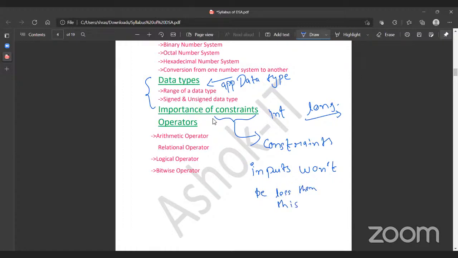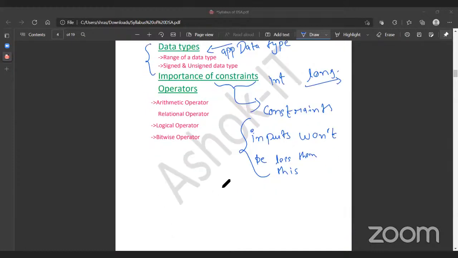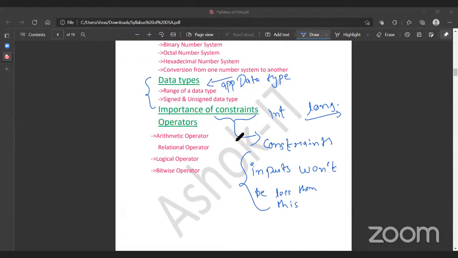You will be given certain sets of constraints, so you always need to think of your logic within those constraints. Is it clear to all? Anyone who is confused about constraints? If anyone is confused about what constraints are, you can just ping me. Okay, I guess everyone knows it.